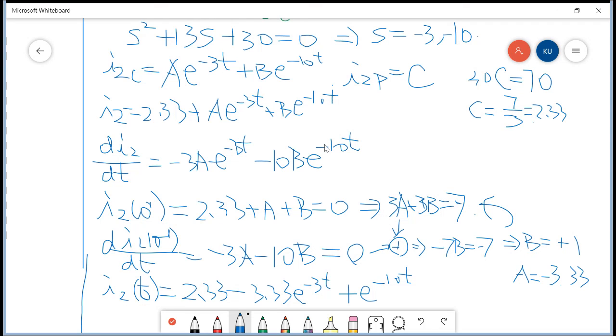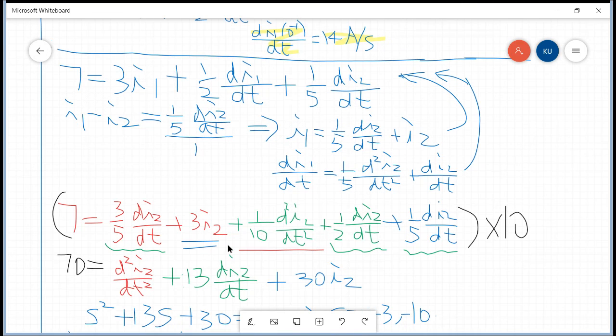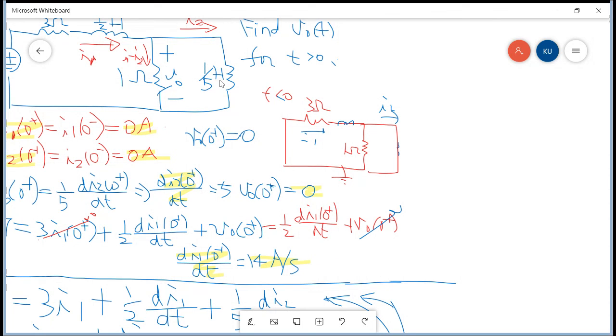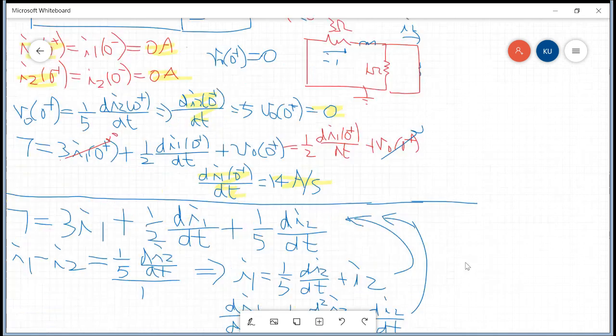But don't forget, we actually need to find V out. And V out will be 1/5 of the first derivative of I2.